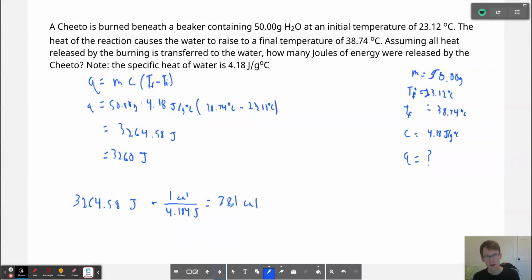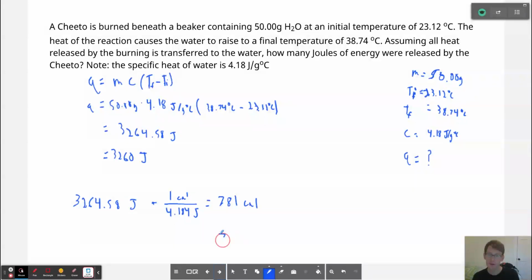Wait a minute. One Cheeto releases 781 calories? There seems to be a problem here. Actually, what you read on nutritional information, it's not calories, it's kilocalories. It's just listed as calories. A kilocalorie is, of course, 1,000 calories. And a kilocalorie is otherwise known as a food calorie.